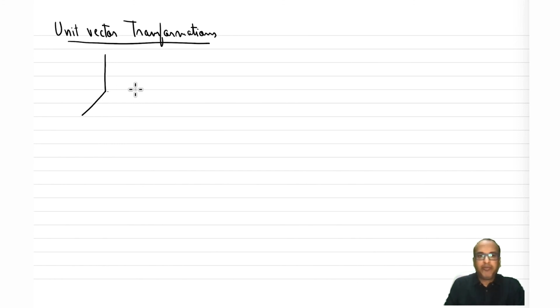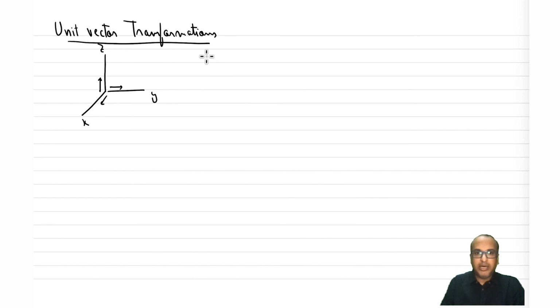So if we have x, y, z as coordinate system, this is my unit vector along x, this is my unit vector along y, this is my unit vector along z. And now we can write transformation matrix representations for different point groups when we choose bases as individual unit vectors. Instead of taking x, y, z completely as the basis set, now we can take unit vectors as the basis set and write down our representation.